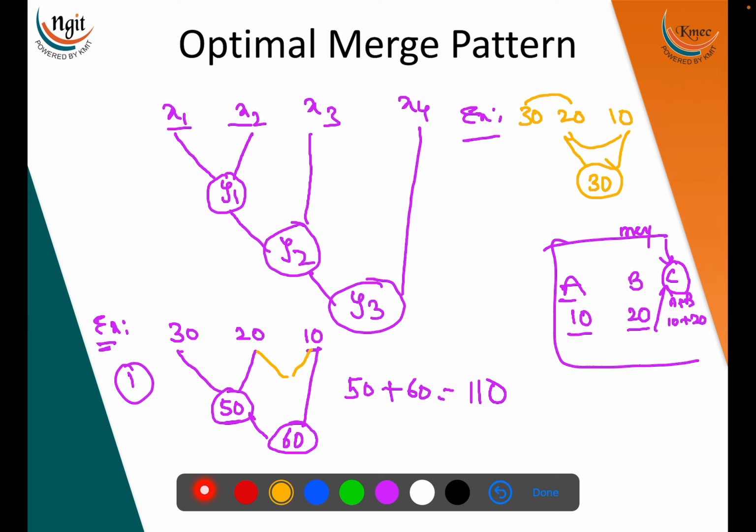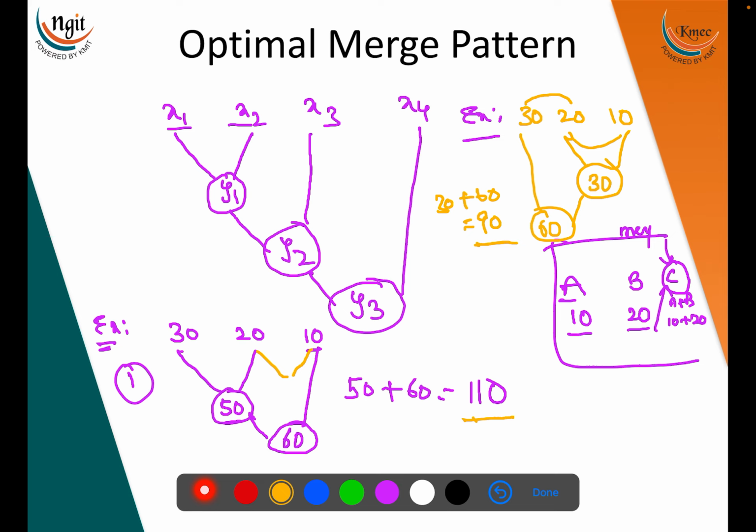And after you get one single file, after you have done all the merging operations, 30 plus 30 again you will get 60. So what is the merging cost of this pattern? 30 plus 60 is equal to 90. Now look at these two figures. This is 110 and this is 90, which is the lowest one, 90.